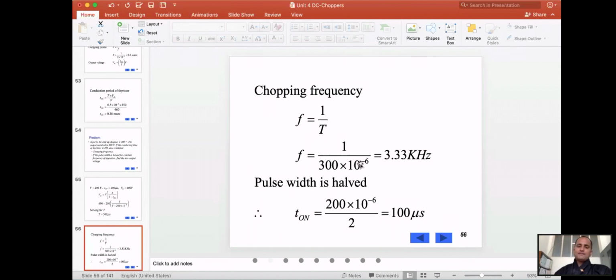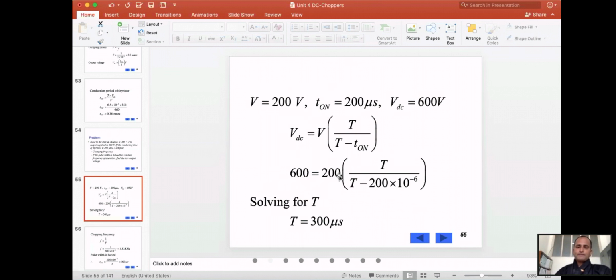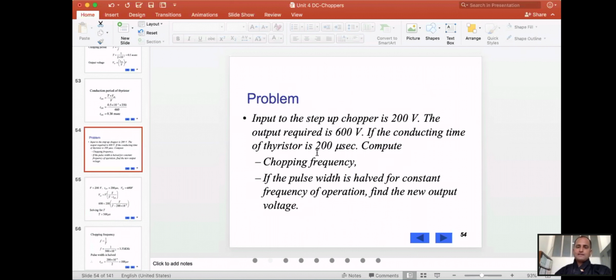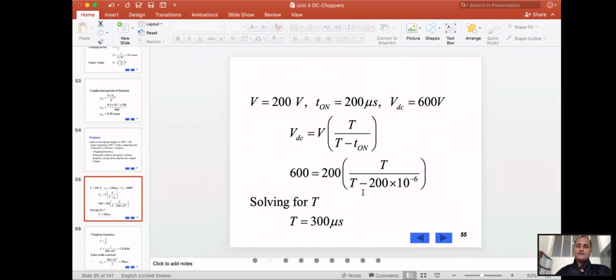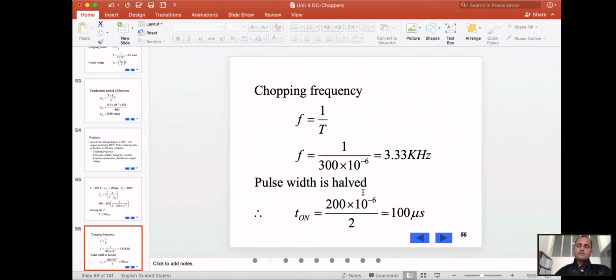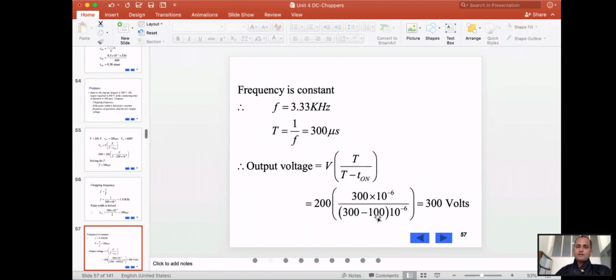Now in the second case, the pulse width is halved: the 200 microsecond T on period becomes 100 microsecond. What is the effect on the output voltage?